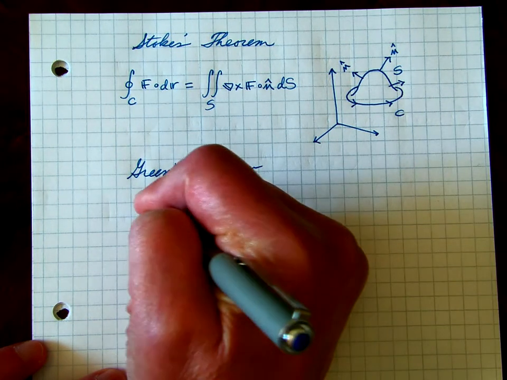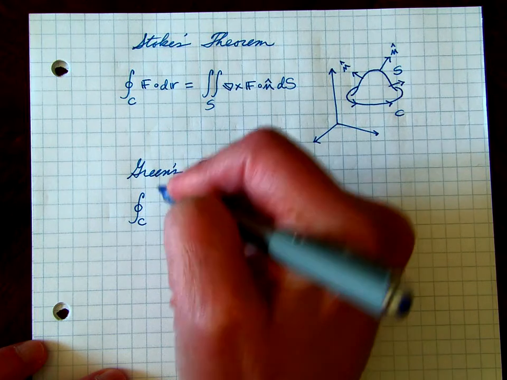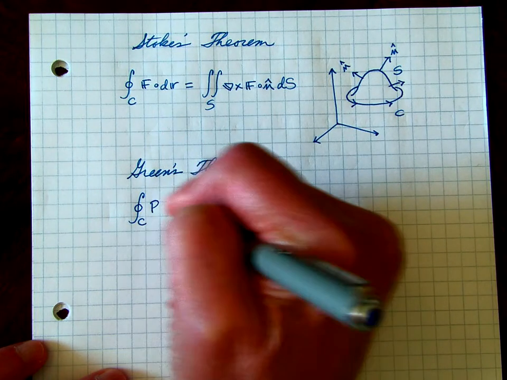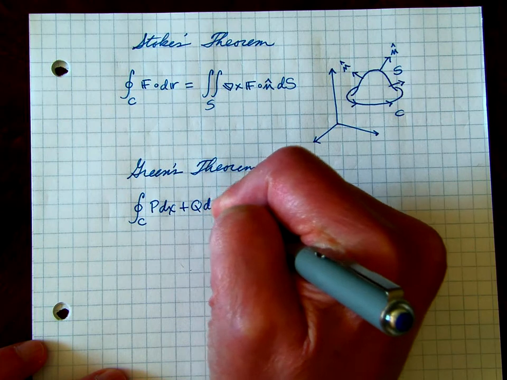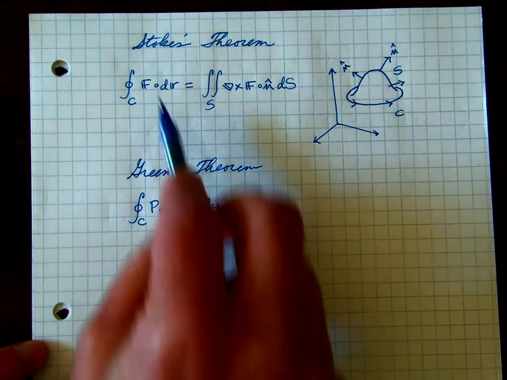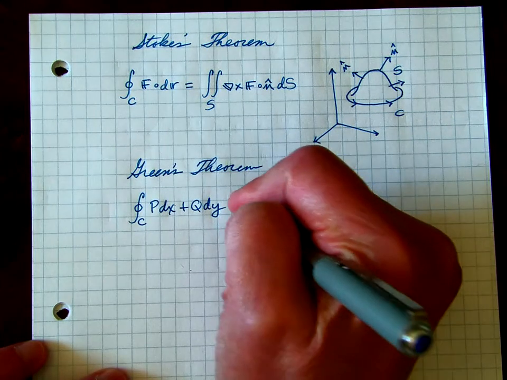That's the theorem that looks very similar in that if you had P dx plus Q dy, it's planar. Remember, these are basically the same thing in different notation.